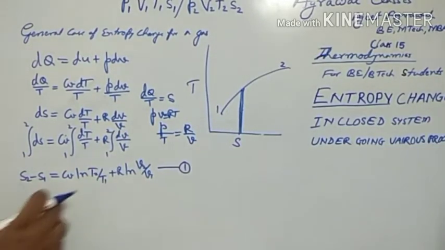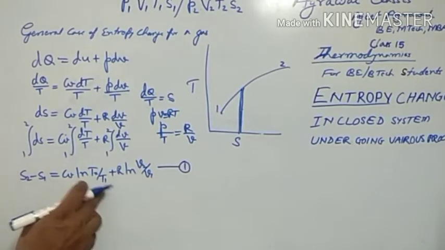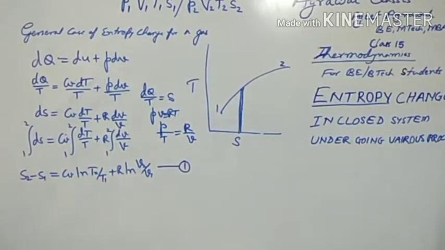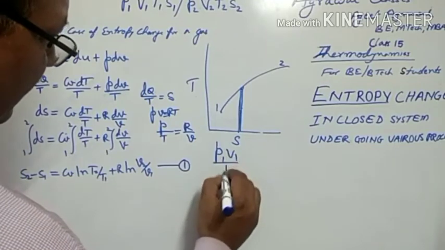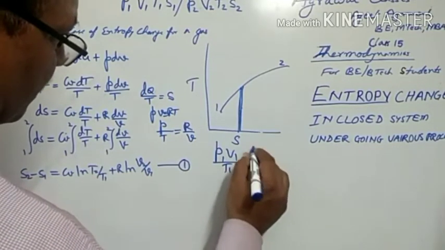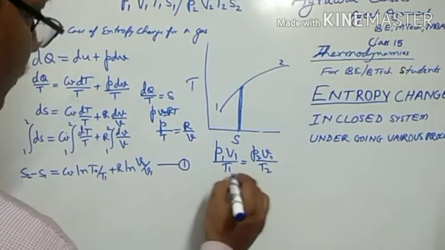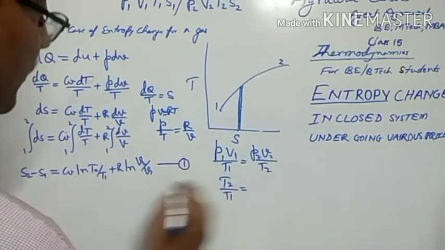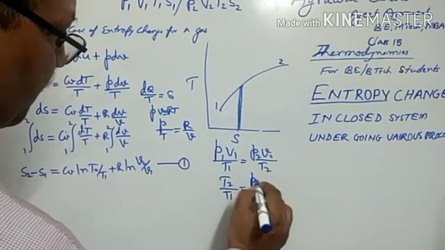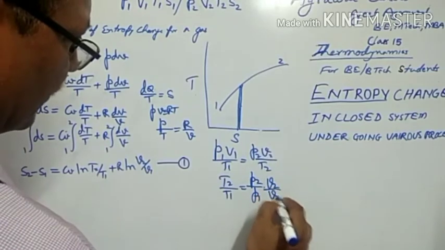Now, if we want to replace T with P in this equation, we will try to find the value of T2 by T1. From the gas equation, P1V1 by T1 equals P2V2 by T2. So T2 by T1 equals P2 by P1 into V2 by V1.